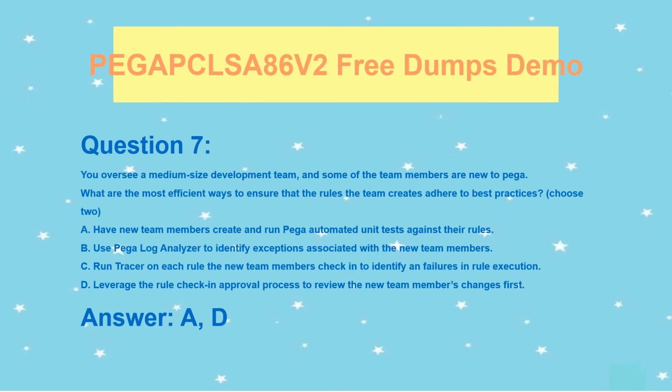B. Use Pega Log Analyzer to identify exceptions associated with the new team members. C. Run tracer on each rule the new team members check in to identify any failures in rule execution. D. Leverage the rule check-in approval process to review the new team members' changes first. Answer: A, D.